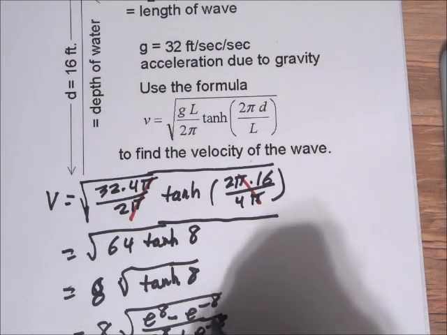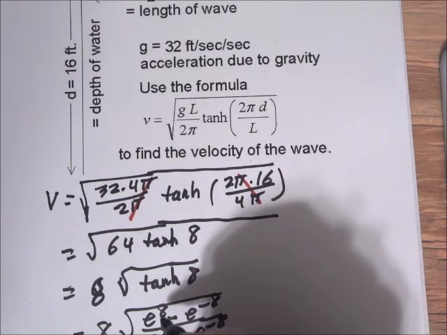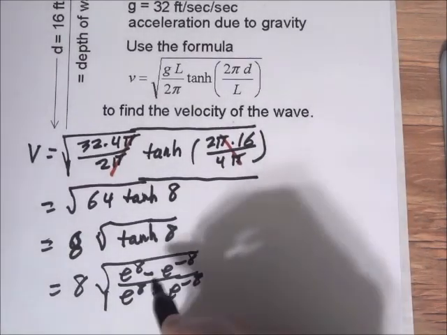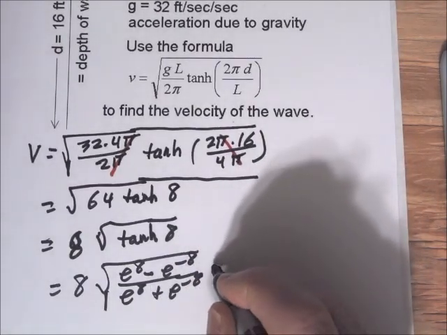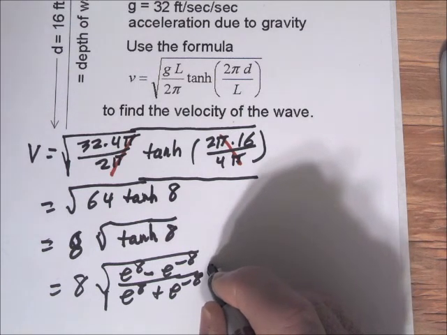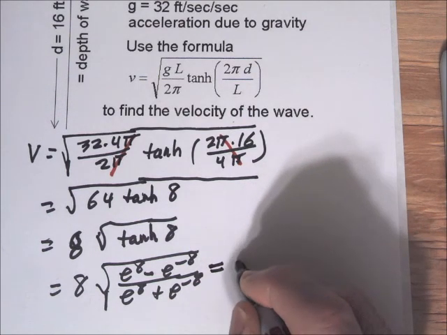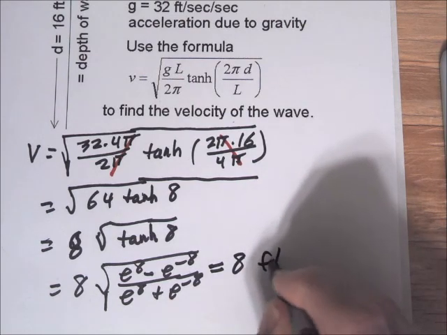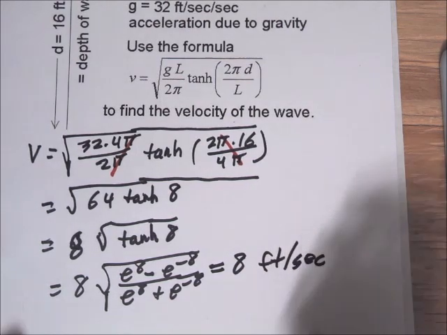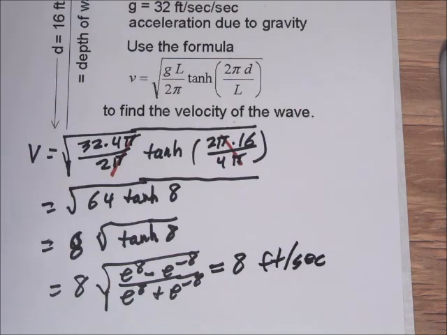But e to the minus 8 is going to be pretty small. So basically, this is pretty close to e to the 8th divided by e to the 8th, which is pretty close to 1. So it'll be 7.999, very close to 8. You can put it in a calculator and compute, but approximately 8 feet per second is the velocity of the wave.